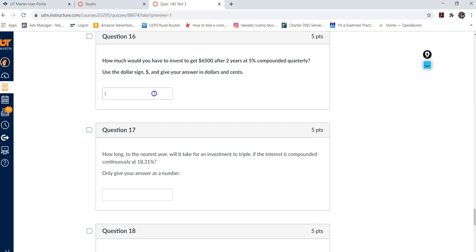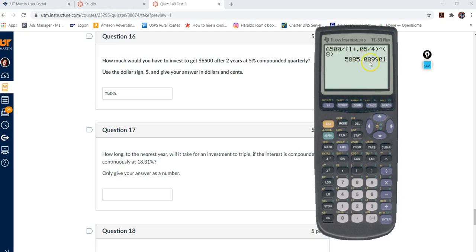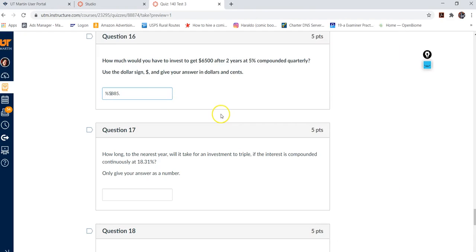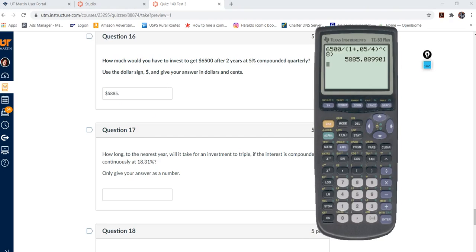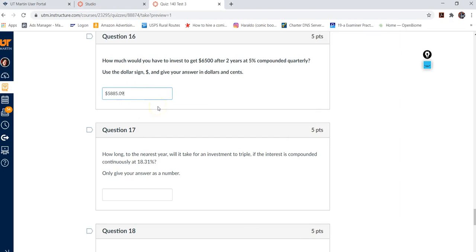So 5885.09, if I cut it off at 2 decimal places. 5885 and then 0.09. Okay.